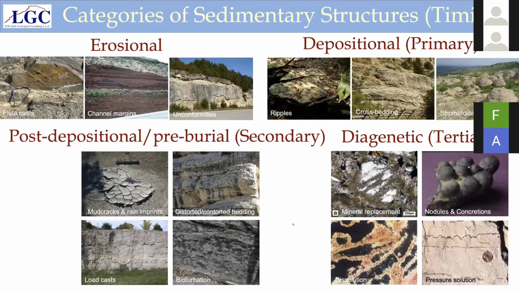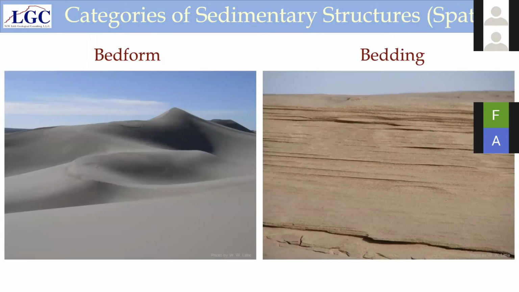So again, I'm going to focus on the primary sedimentary structures for our discussion today. We're talking about the physical structures that were formed at the time of deposition. One other thing that I want to at least mention before I get into the details is the difference between bed forms and bedding.